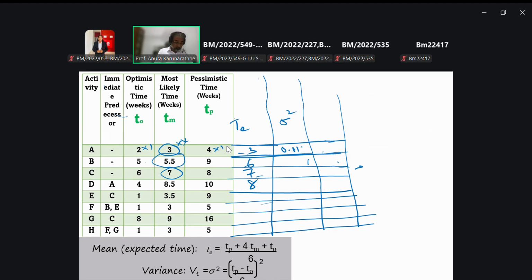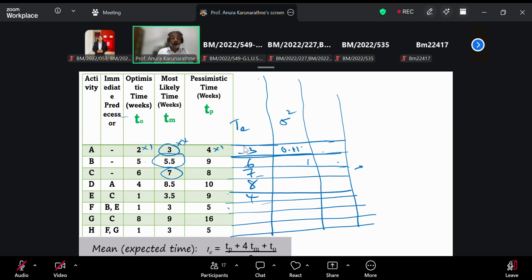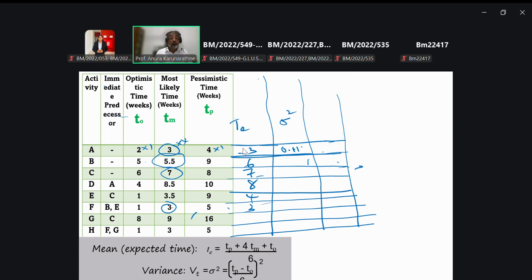3.5 into 4 plus 10. Then, 6 being 3. So this one, 8, 9, 16.